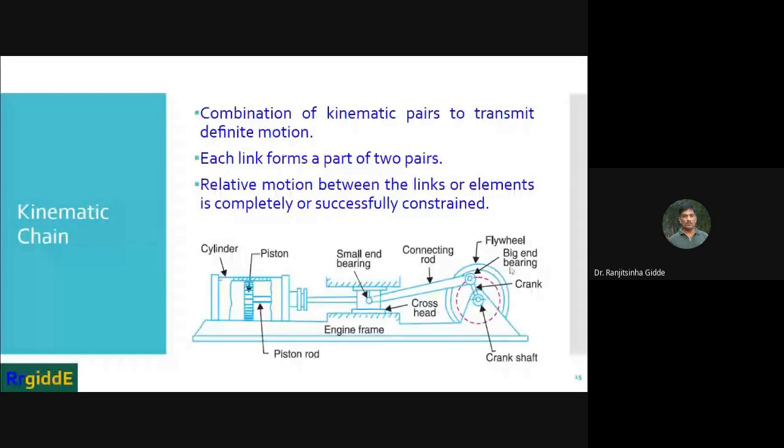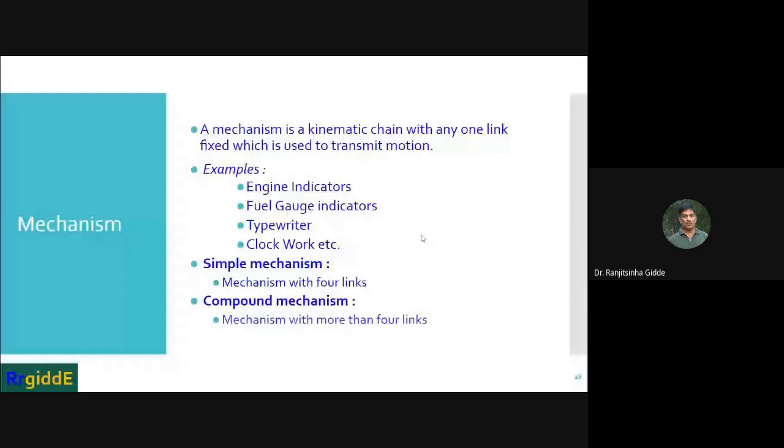And what is mechanism? Whatever kinematic links are used to constitute a pair or to constitute a chain, amongst these elements, if one link or element is fixed, then we can transmit motion, and that is nothing but the mechanism.